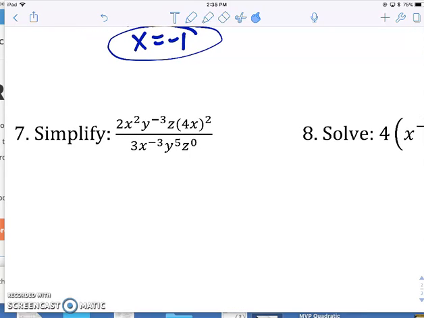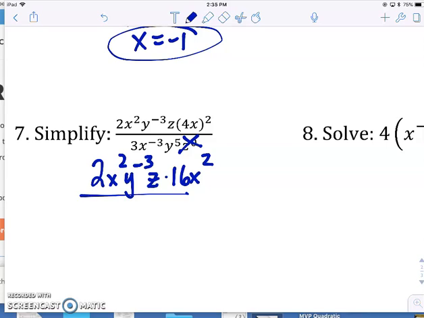So now some exponent reviews. So we have to distribute that 2 first. Anything to the 0 power is 1. So we have 2x squared y to the negative 3z times 16x squared divided by 3x to the negative 3y to the 5th. I tend to move negatives first, but 2 times 16, so we got 32.